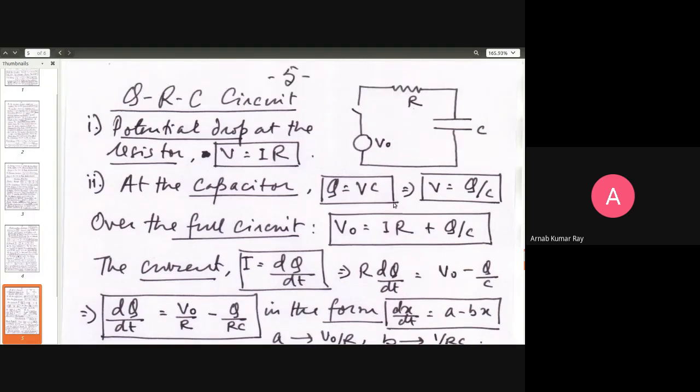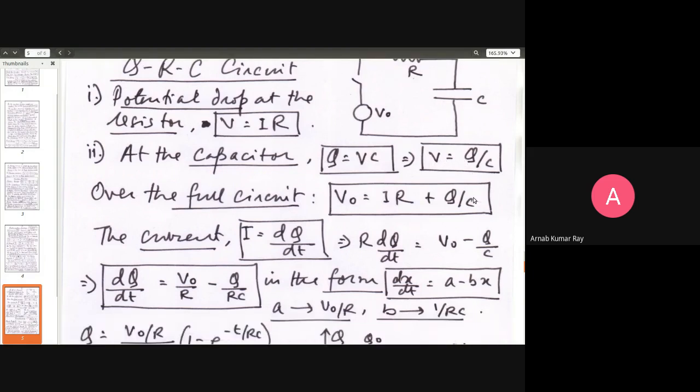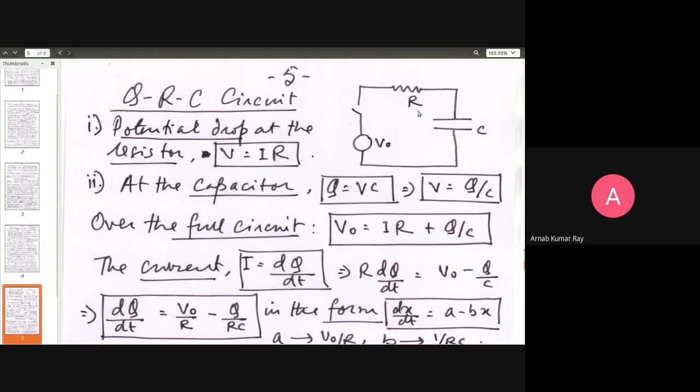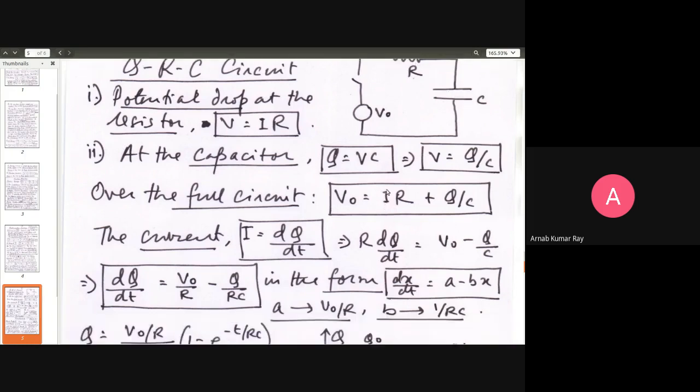As charge builds up, there will be a potential drop across the capacitor plates as well, and that potential drop, Q is equal to CV, so the potential drop will be Q by C. Over the full circuit, you have a voltage drop here and a voltage drop here, and the two of these add up to the total potential difference across the circuit, which is V naught. V naught is equal to IR plus Q by C. This is the equation.